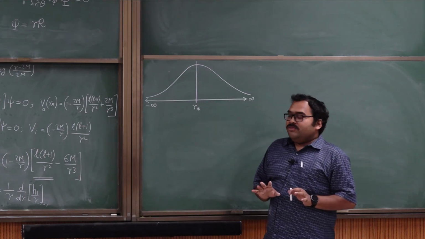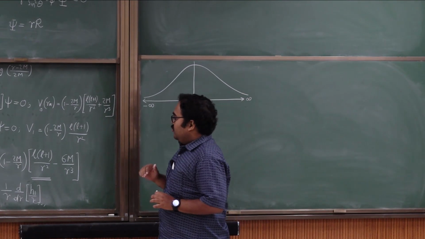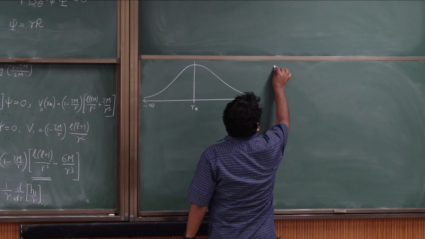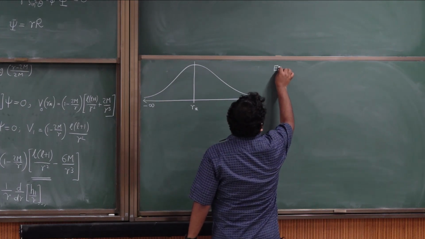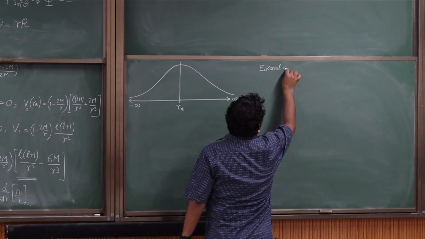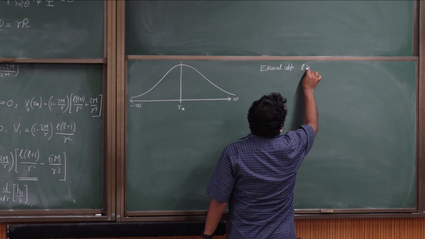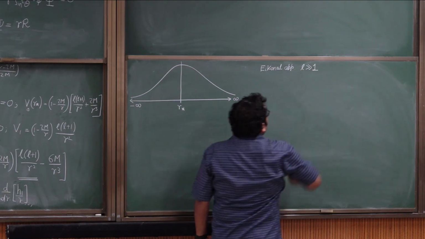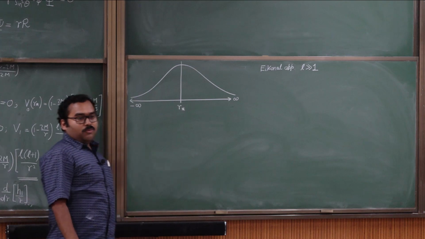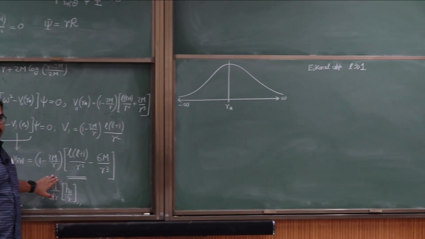Fine. Now you may ask why that is so. The calculation that I am going to do is what is known as the eikonal approximation. You may have heard about it in your geometrical optics course. This means assuming that L is much greater than 1. Now if you assume L to be much greater than 1, what happens between these potentials?